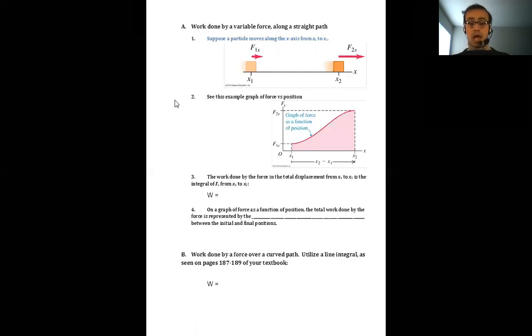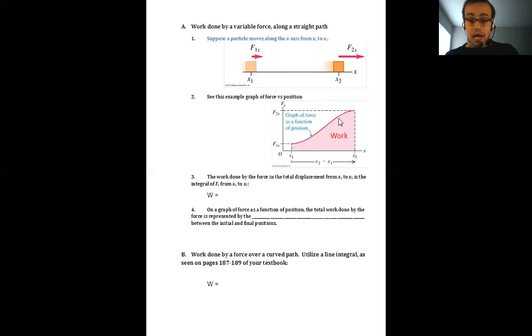If we have this example of a graph of force versus position, where position is given on the x-axis and force is given on the y-axis, and as we can see, force is a function of position, the work is going to be the area under the curve.